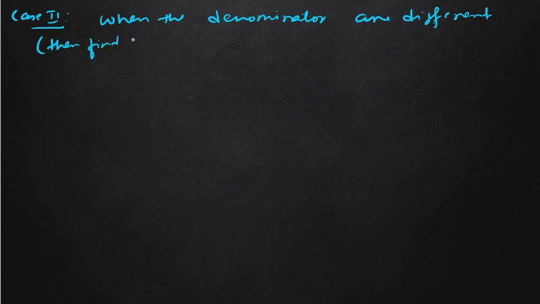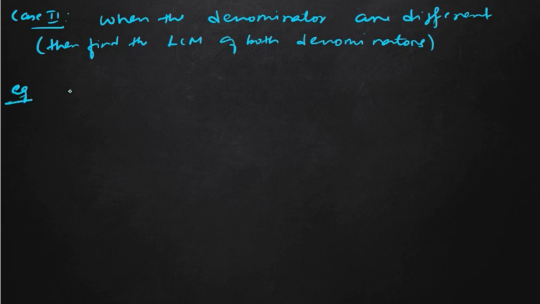Then find the LCM of both denominators, and make the denominators equal in both the fractions. Suppose we take one example given in the book, that is 5 by 12 plus 4 by minus 9. You can see here the denominators are both different, that is 12 and 9. So we need to find the LCM of 12 and 9.